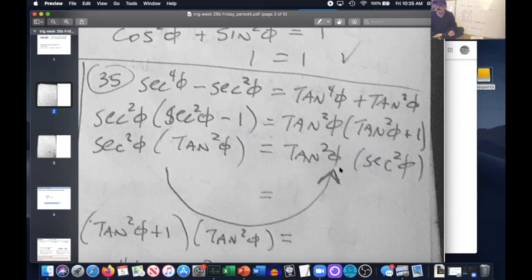Now, if you're required to only work on one side, then what you can do, if you want to continue it on the left side, just go back in the direction of the right side. So that's why I pointed this arrow up. So then the next step after this, we could use what we had written over here on the right side.